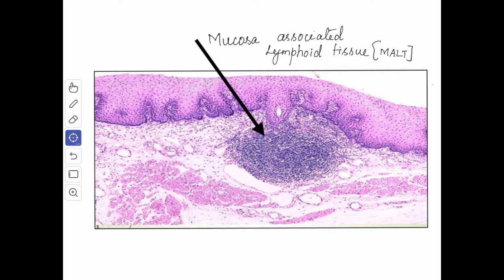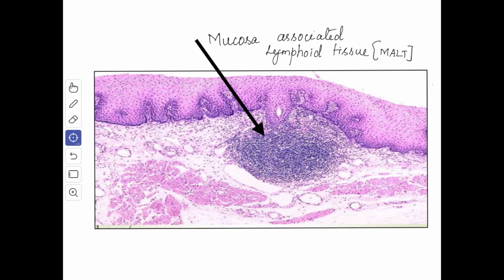The mucosa associated lymphoid tissue in the alimentary system is also called the gut associated lymphoid tissue. This includes the Peyer's patches of the ileum, adenoids, lingual tonsils in the posterior one third of the tongue, the palatine tonsil and the lymphoid nodules in the vermiform appendix.